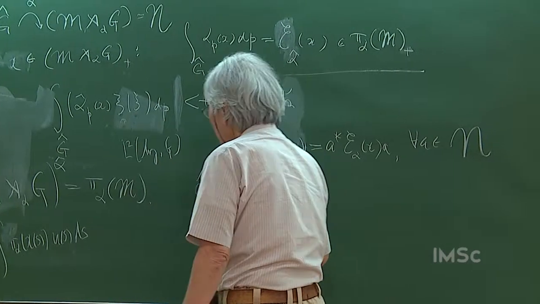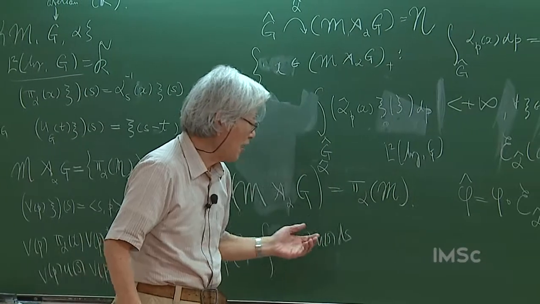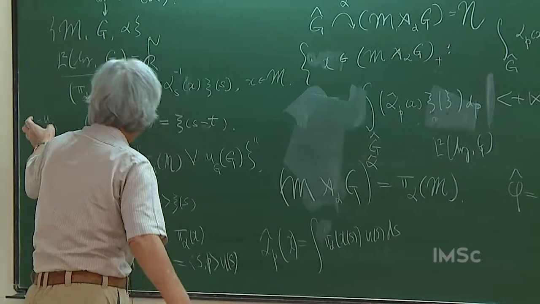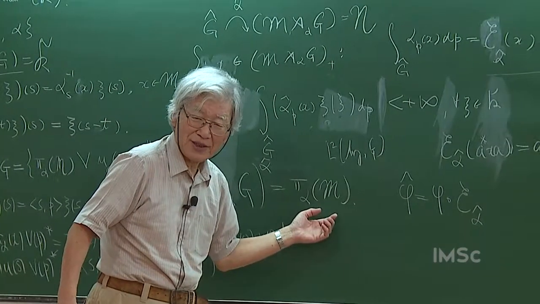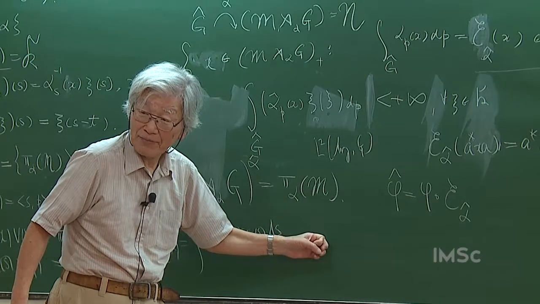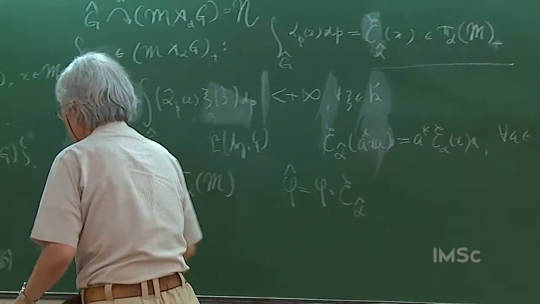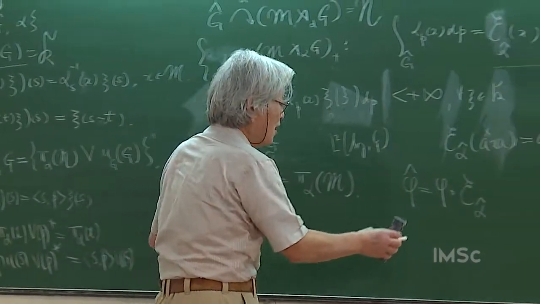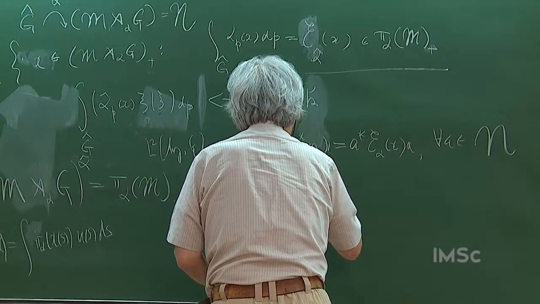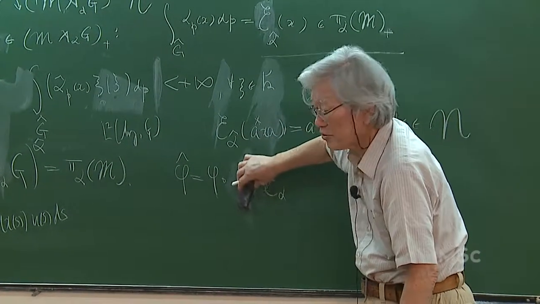Of course, phi is defined on M, and pi_alpha transports it to the new Hilbert space. So you bring that weight phi along with this pi_alpha. So phi is viewed as a weight over pi_alpha of M. More precisely, it would be pi_alpha inverse, but that is too heavy a notation, so drop it.